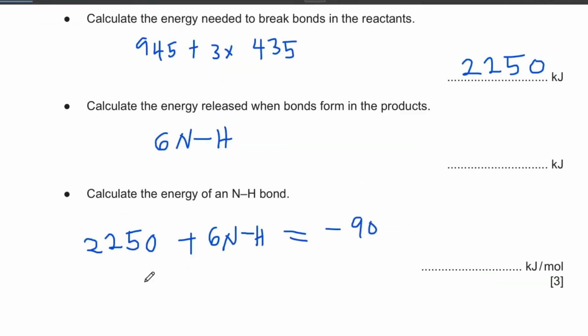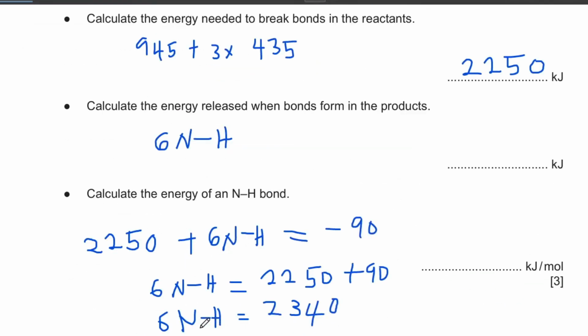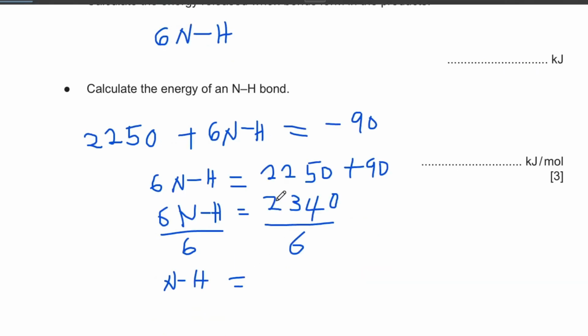We make NH the subject of the formula, so 6NH is equal to 2340. We divide both sides by 6 to get the nitrogen-hydrogen bond. 2340 divided by 6 gives us 390. Therefore, the answer is 390 kilojoule per mole.